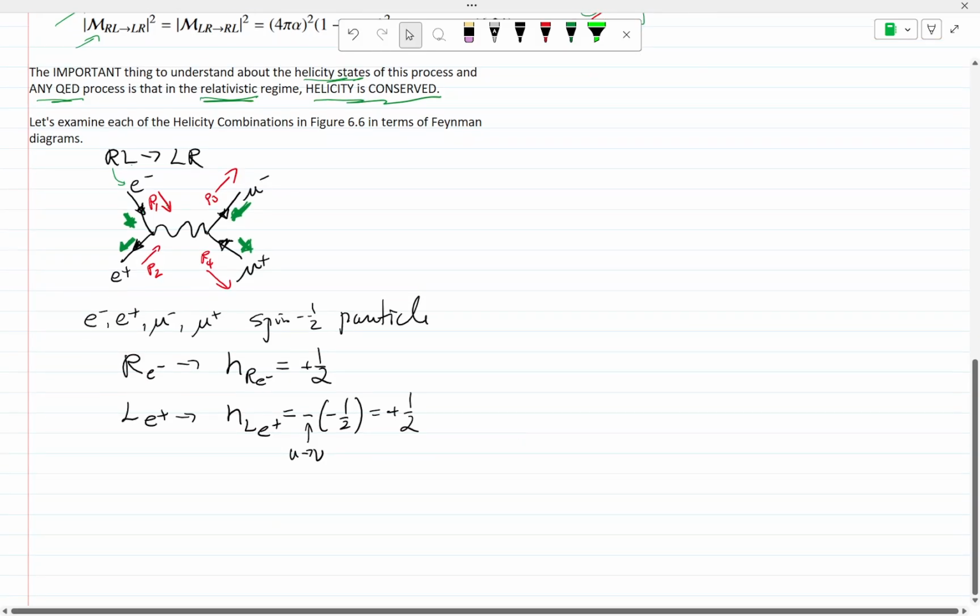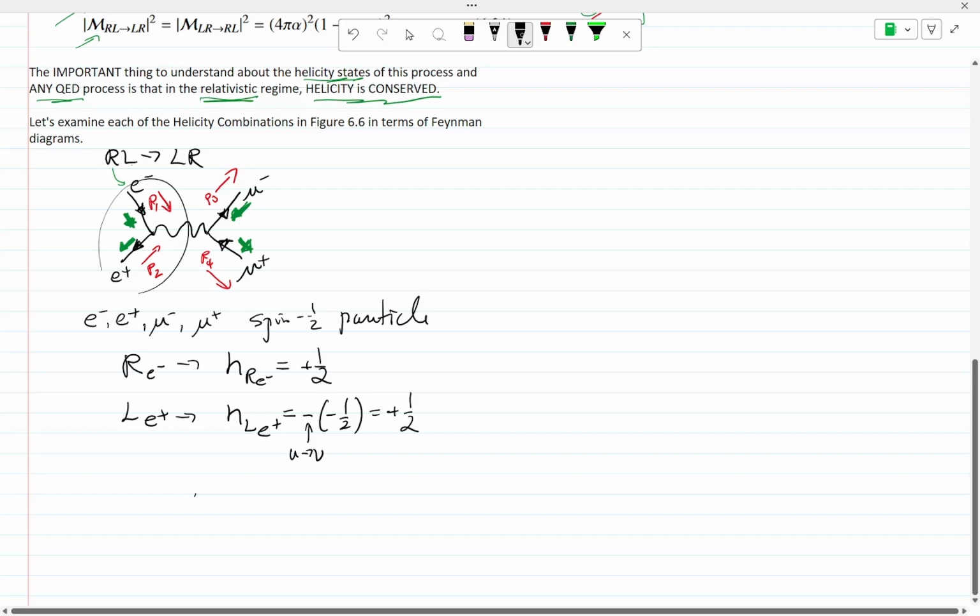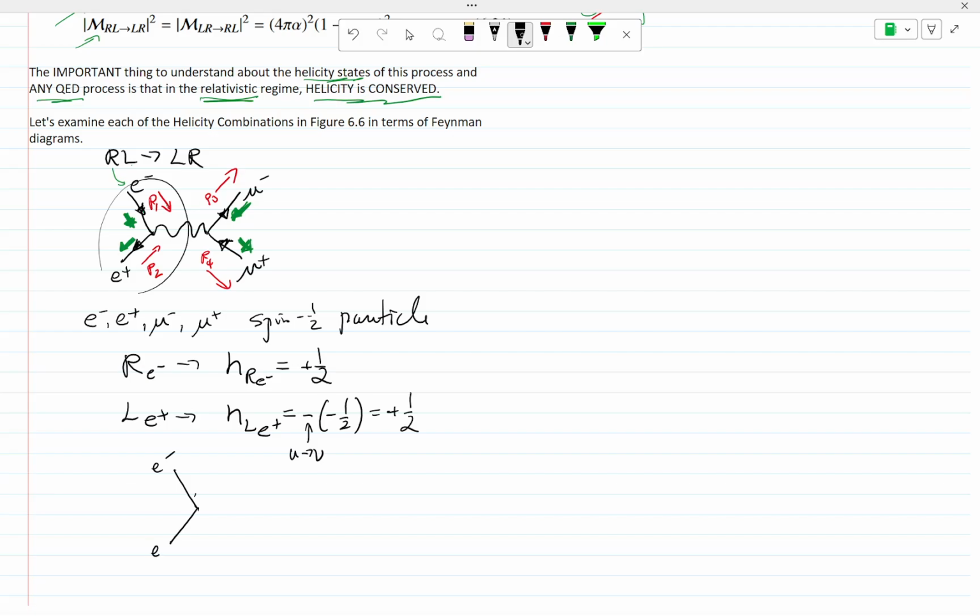So let's redraw this little vertex on the left-hand side. If I'm not thinking about direction but just the magnitude of things, we have an electron coming in and a positron coming out, but it's really coming in because it's an antiparticle.